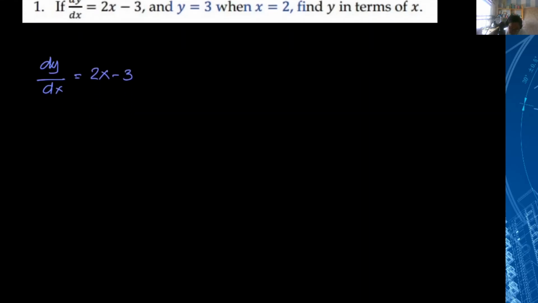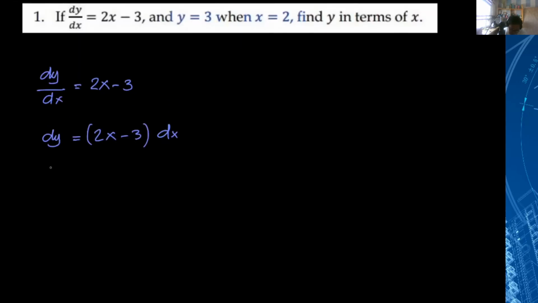Let's solve. dy over dx equals 2x minus 3. Let's transfer the dx, 2x minus 3 dx. We can now integrate this, so the integral of dy equals the integral of 2x minus 3 dx.